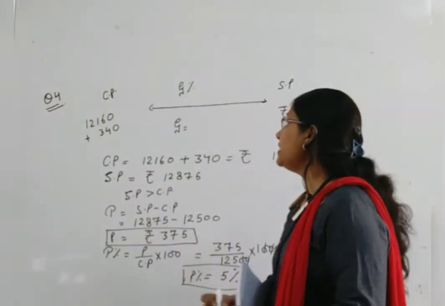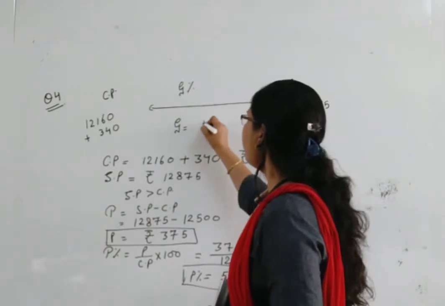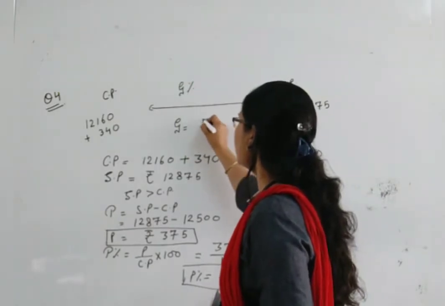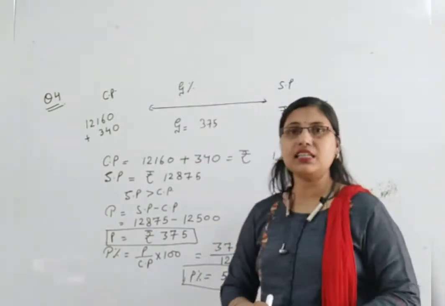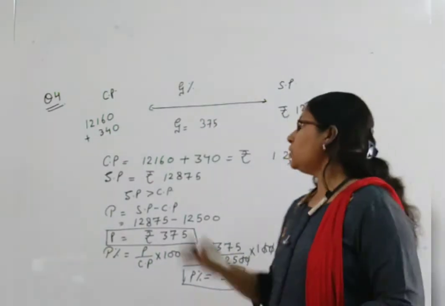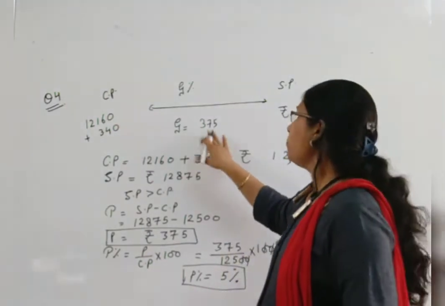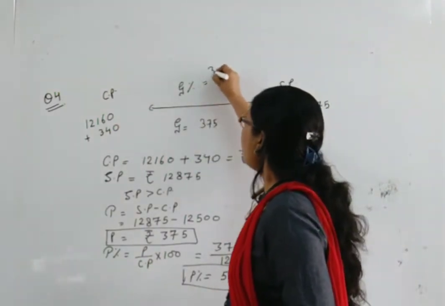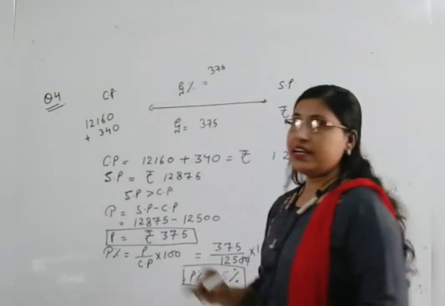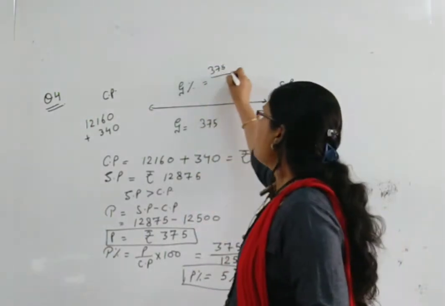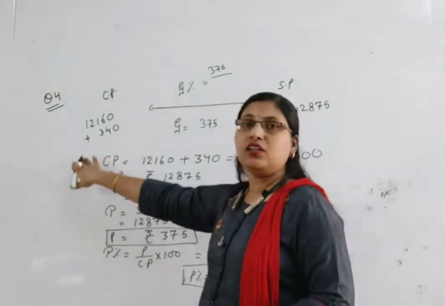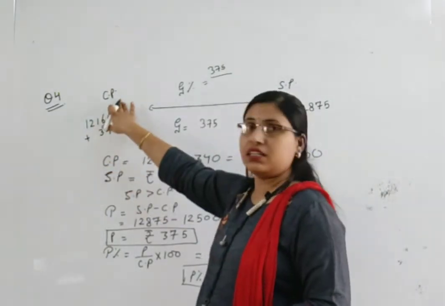But this 375 we have to change into percentage because in the question it is asked in the form of percentage. तो percentage कैसे calculate करते हैं? जो भी value form है, that value form we have to write in numerator. The thing which is written on the left side. The left side is what? CP.